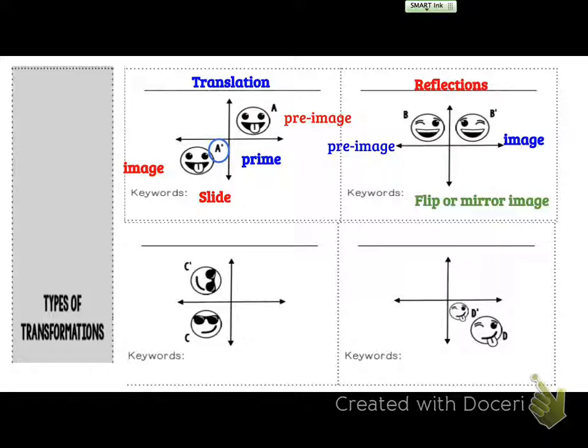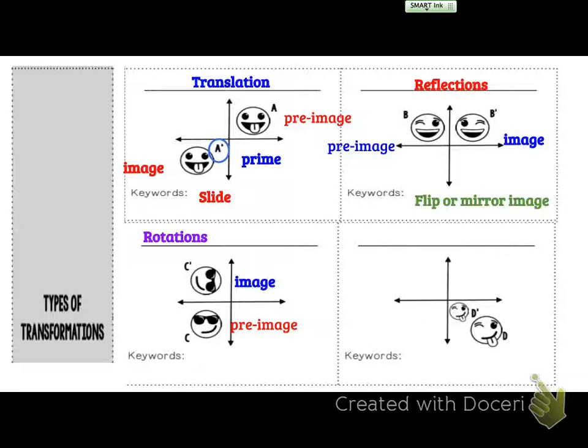Our third type of transformation is called a rotation. You're going to be rotating figures. We have our pre-image and our image, and that image is rotated 90 degrees clockwise.